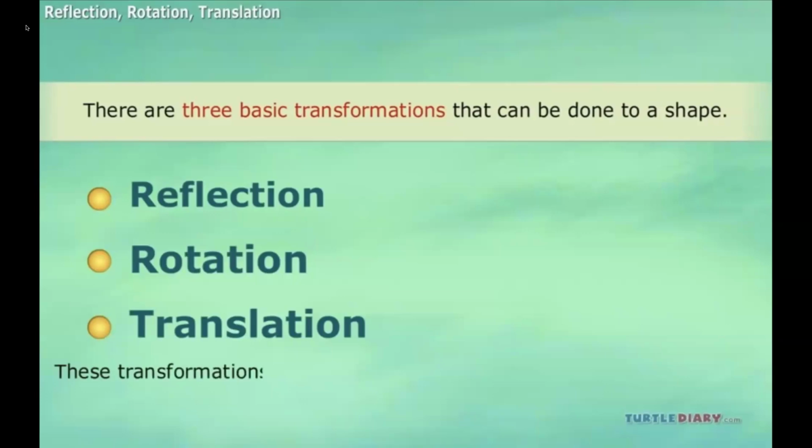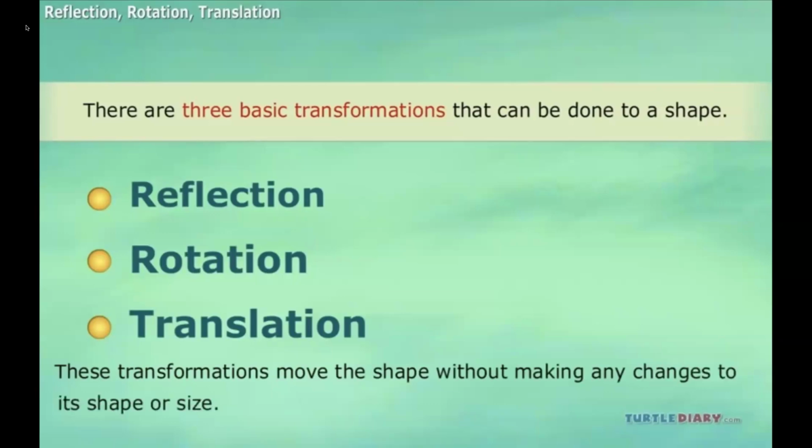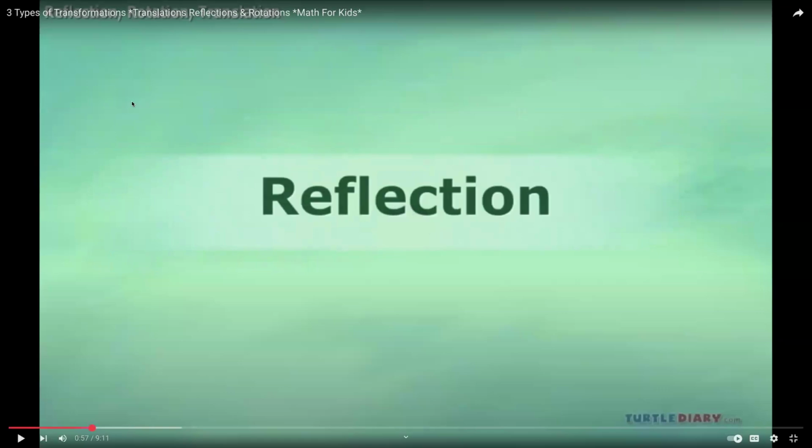These transformations move the shape without making any changes to its shape or size. Reflection. So the only one that makes a change to the shape or the size is the enlargement, right?